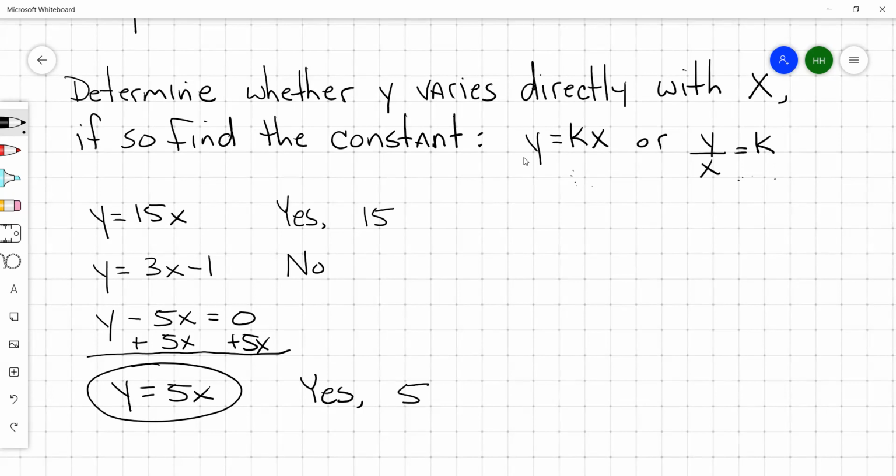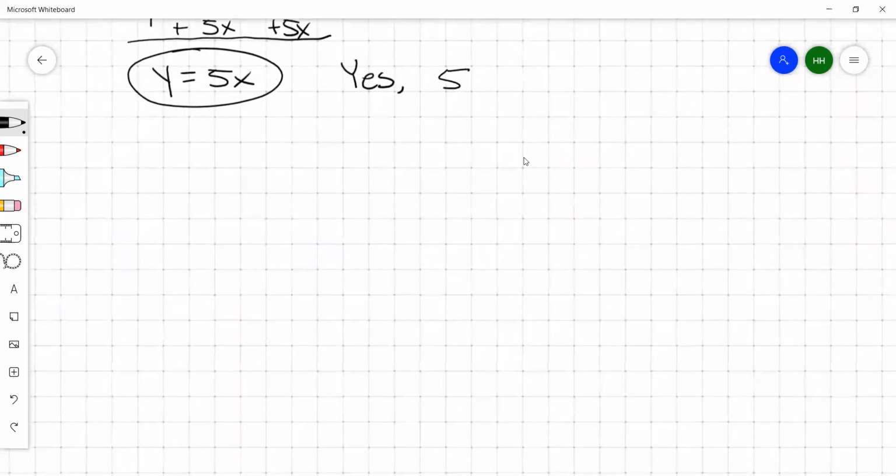Third and final part of your assignment. Now watch. You're going to be told y varies directly with x.